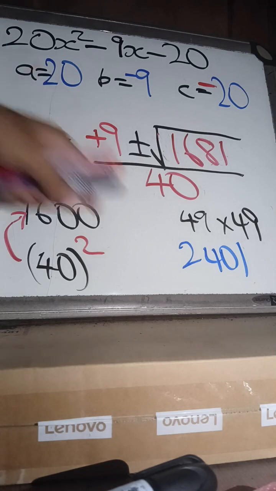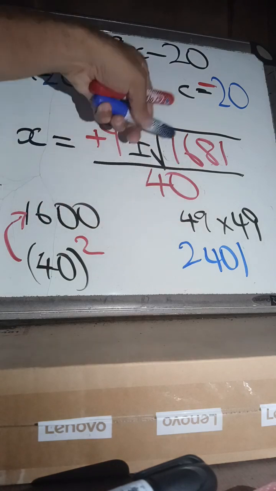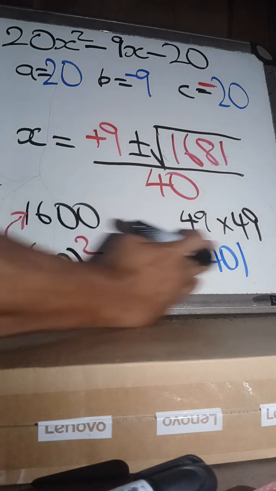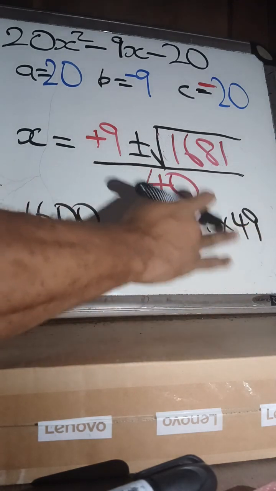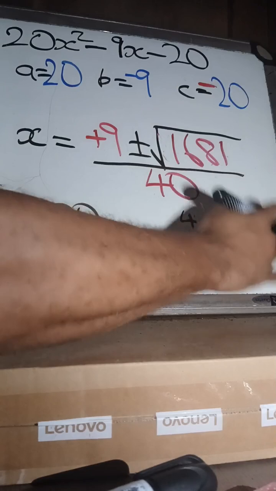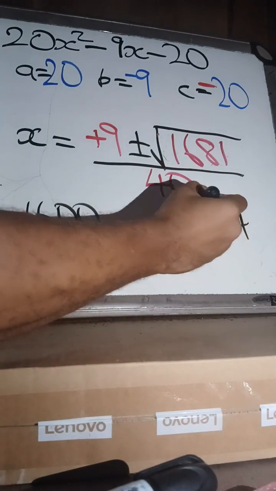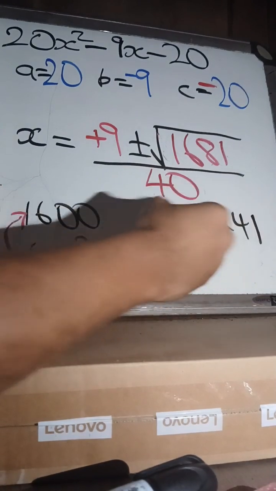So obviously this is too far from that number. So the 49 by 49 never works. So let's use 41 times 41 then. Since the 49 never works, let's use the 41 instead. So let's use 41 times 41.